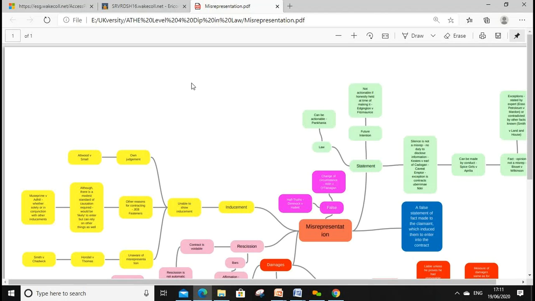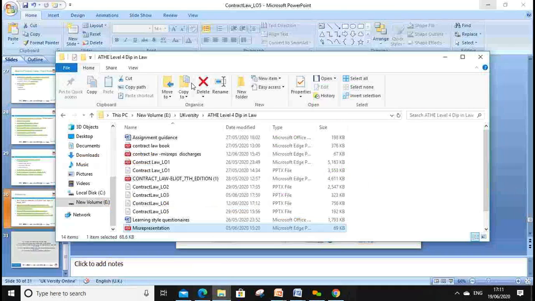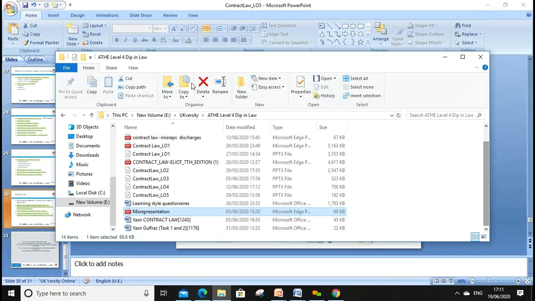The session explained all these damages. And Raman already uploaded all the terminologies which we used during delivery of this unit. Misrepresentation, discharge of contract.